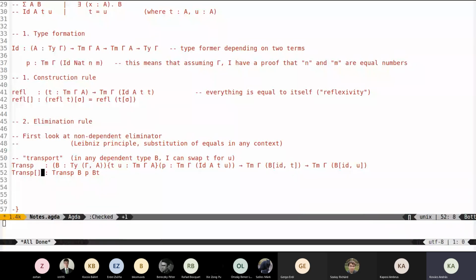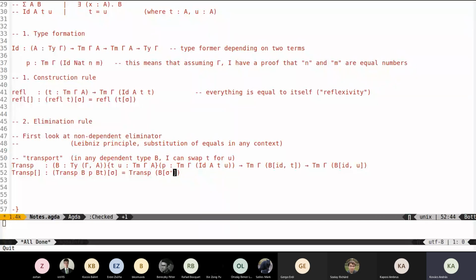So if I take this thing, and if I'm applying some substitution, then like before, what happens is that I have to push the substitution inside. But here, this B is in an extended context, so I have to use the previous trick, which is to use this plus, which lifts a substitution.